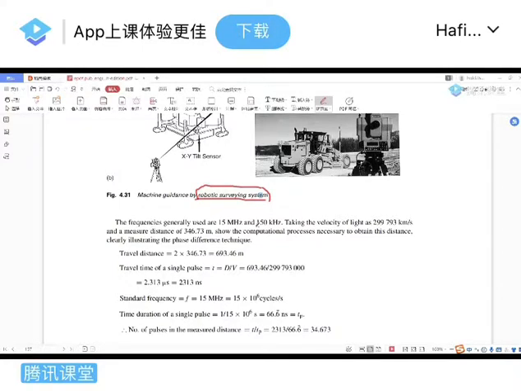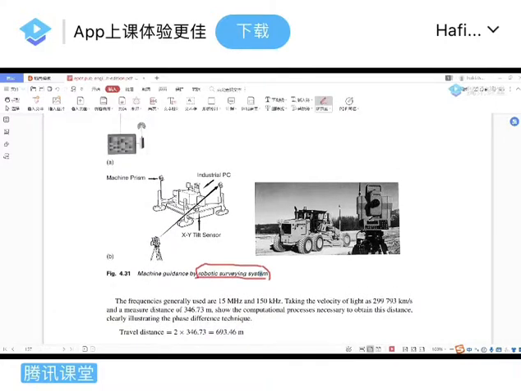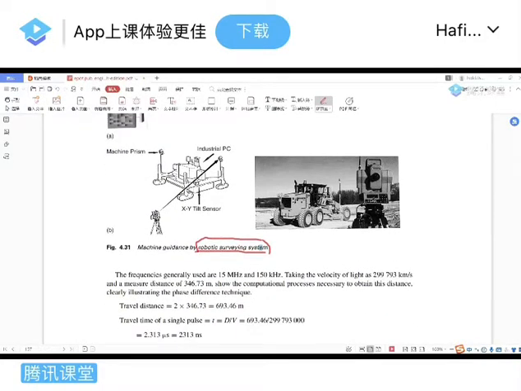Okay, so you have a frequency. Basically, the main power of this total station is that it can emit waves. Not only one wave, it can emit many different kinds of waves, different wavelengths.